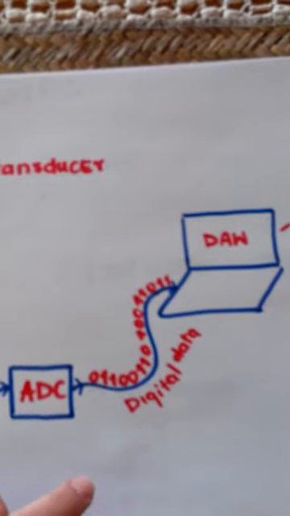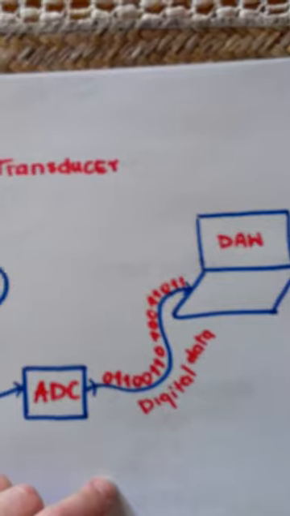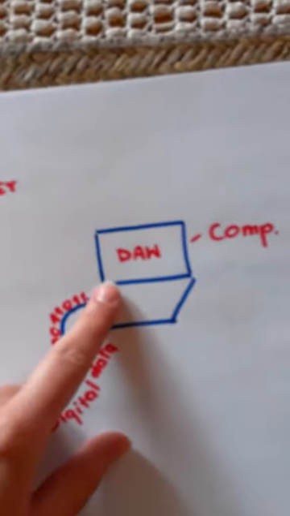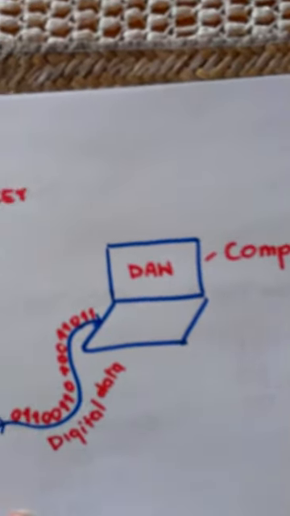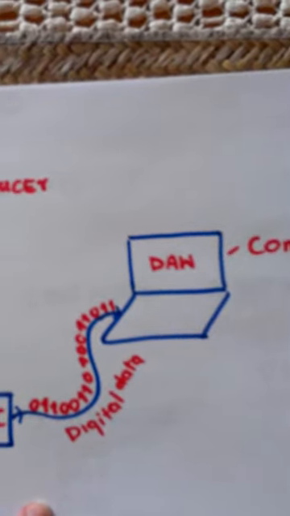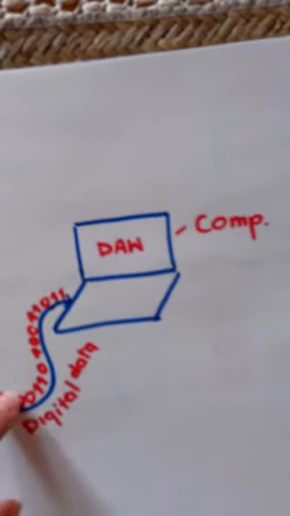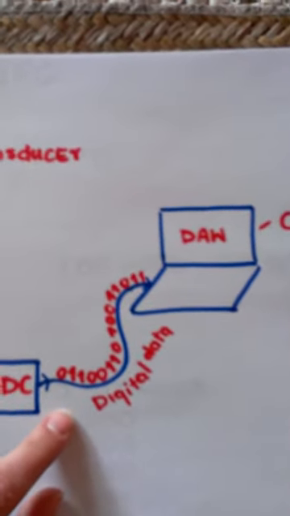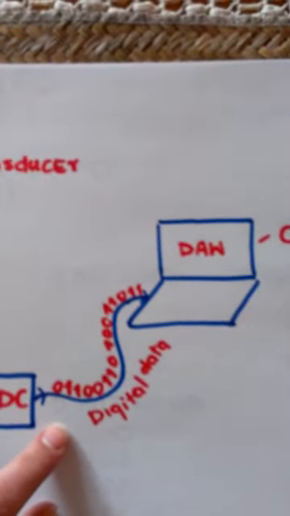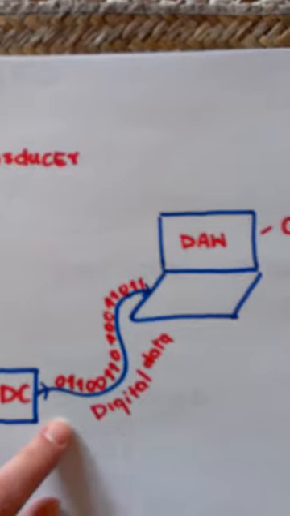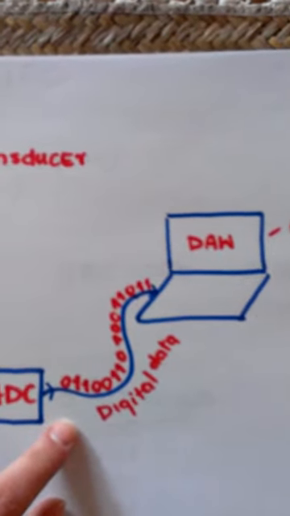And that created digital signal goes to your DAW. And this process from continuous variable of sound to stream of ones and zeros, as you can see here, we call a sampling process.